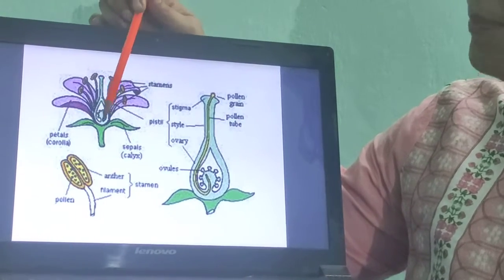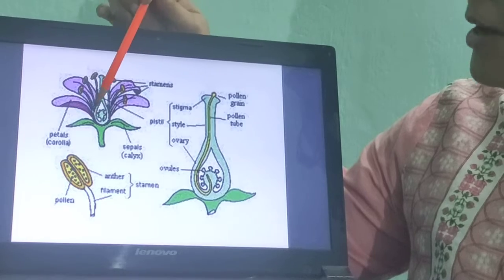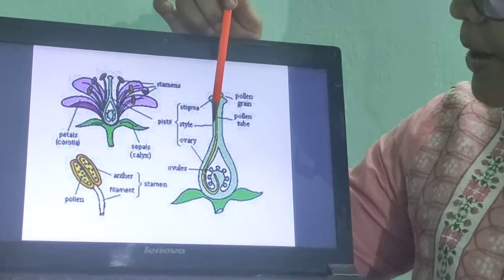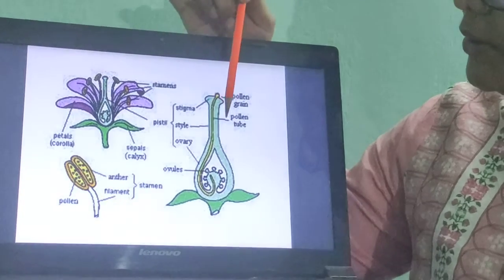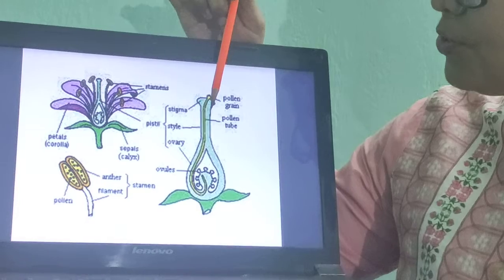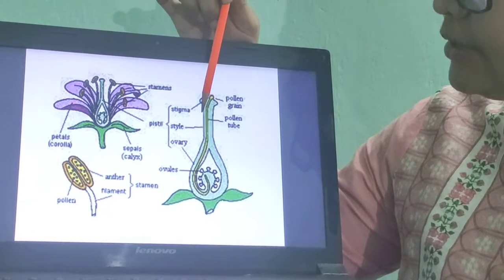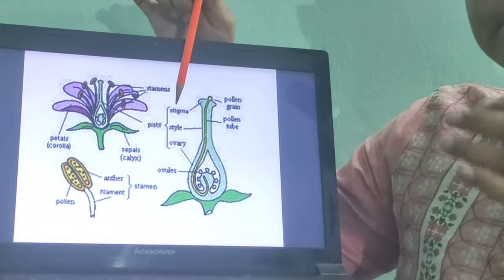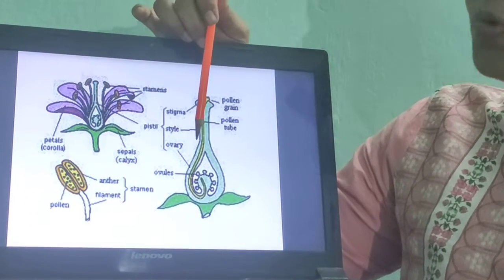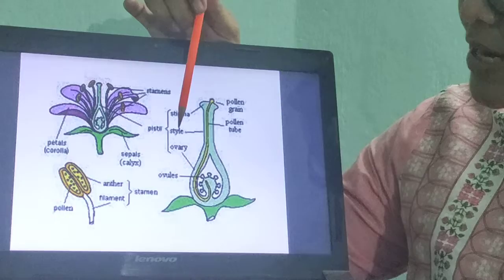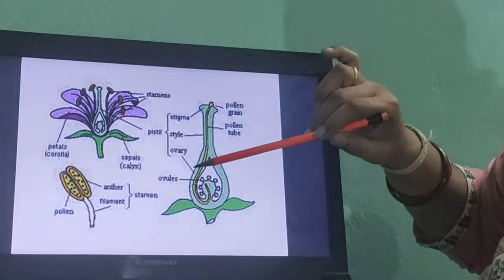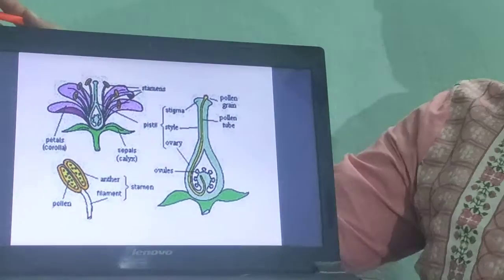So now you come to this one. If we study the structure of this carpel, it consists of three parts, right? 1, 2 and 3. The anterior flattened portion is known as stigma, and the middle stalk portion is known as style, and the basal swollen portion is known as ovary.